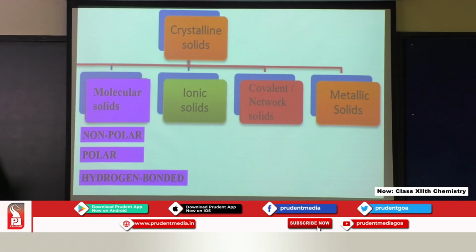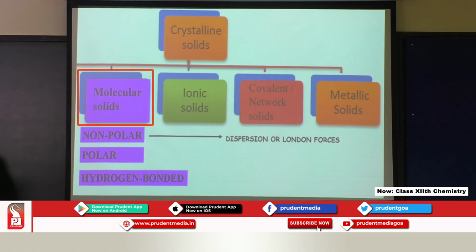Let's now come to the classification of crystalline solids. These are broadly categorized into 4 main types depending upon the type of constituent particles present and the type of attractive forces between them. Molecular solids are further subdivided into non-polar, polar and hydrogen bonded solids. Let's see the type of forces present between them.